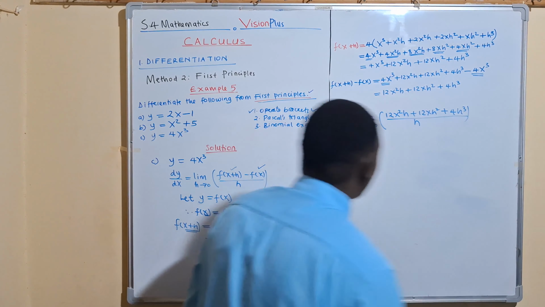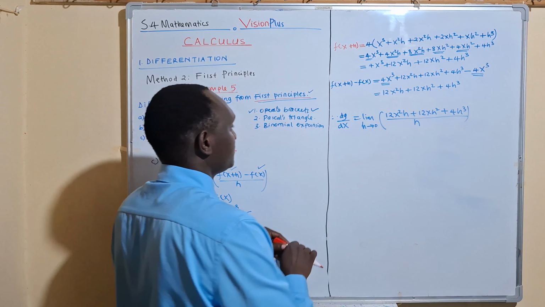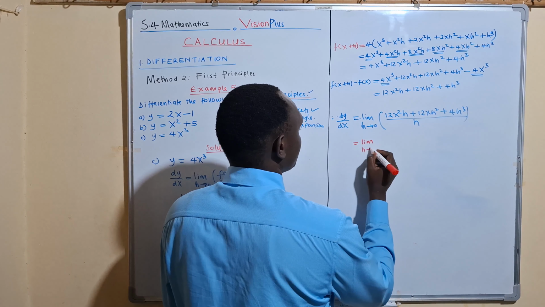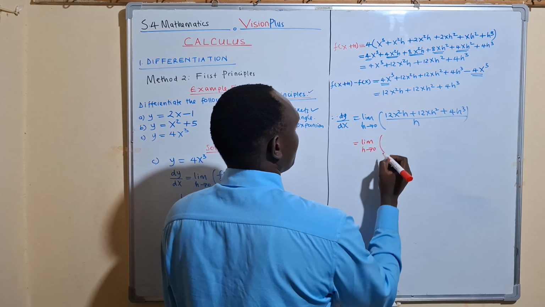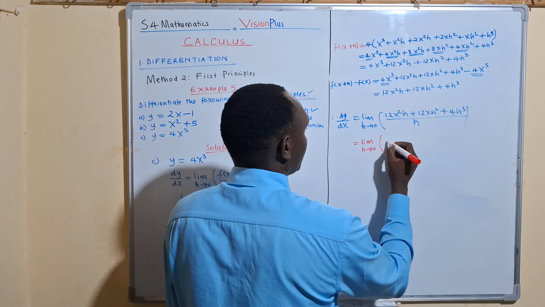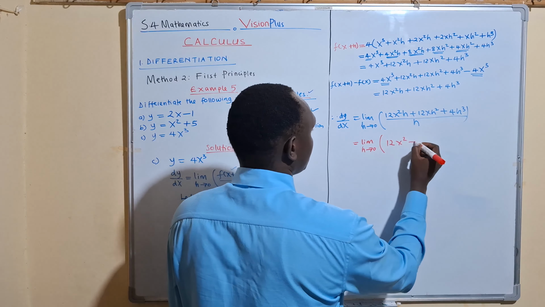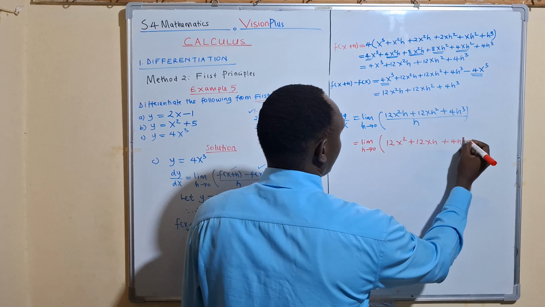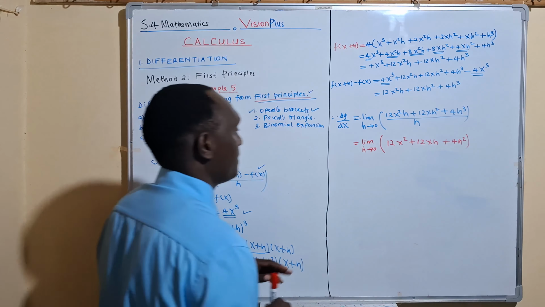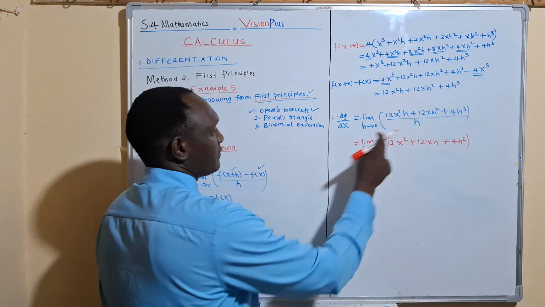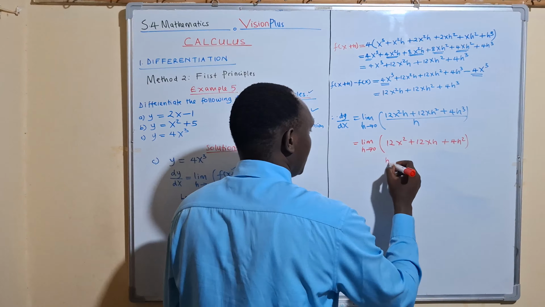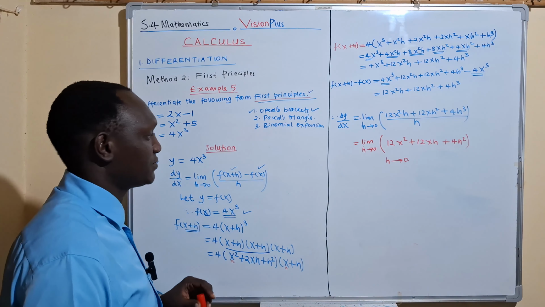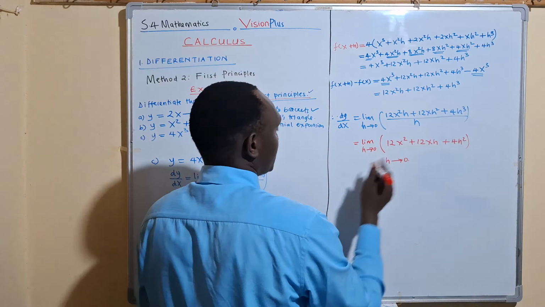So when we divide all the terms by h, we shall have the limit as h tends to 0 of 12x squared plus 12xh plus 4h squared. Now, after dividing by h, we say h tends to 0. So as h tends to 0, it means we substitute for h as 0.